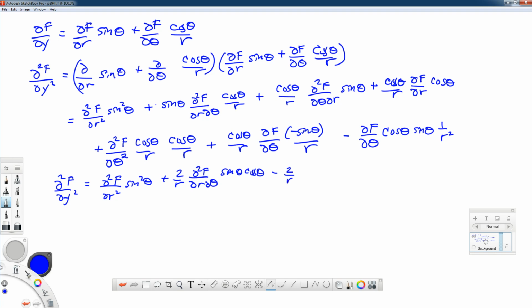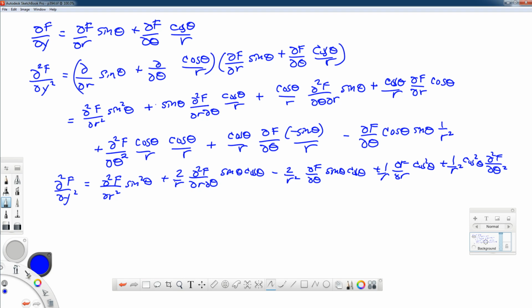We have minus 2 over r squared, partial of f with respect to theta, sine theta cosine theta, plus 1 over r, partial of f with respect to r, cosine squared theta, and finally plus 1 over r squared, cosine squared theta, second partial of f with respect to theta twice.